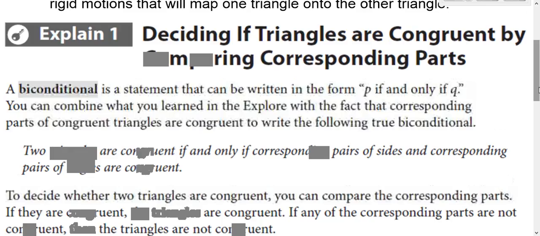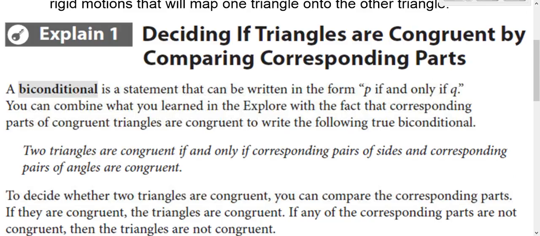The other thing is, like I mentioned first, you can compare their corresponding parts. So if all of their corresponding parts, their sides and their angles, are congruent, then the triangles are congruent. So here's the definition of congruent triangles.